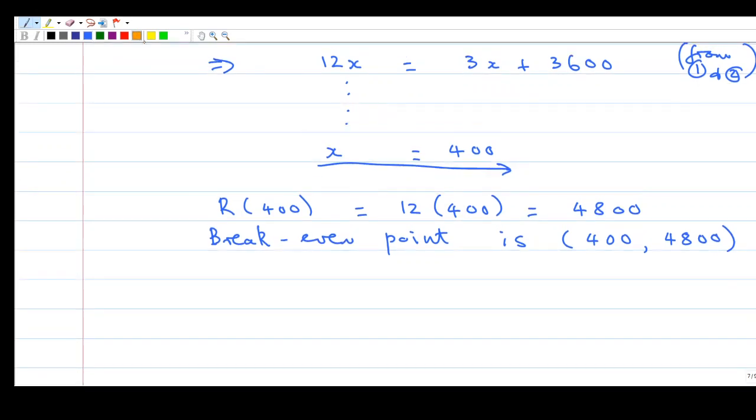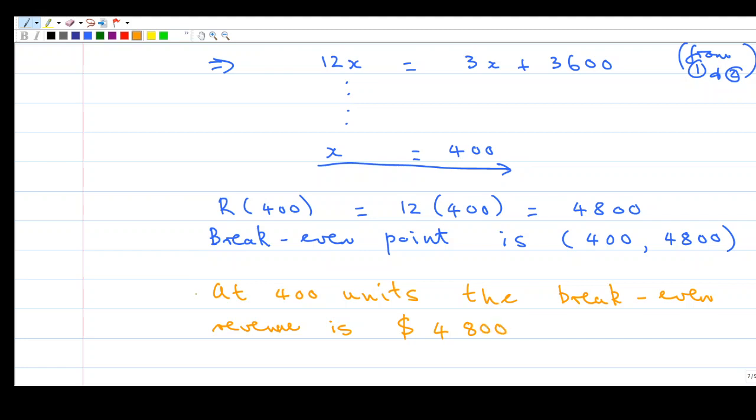If you're interpreting this, at 400 units, the break-even revenue is $4,800.